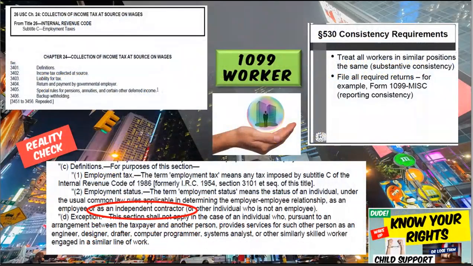Another area in which the IRS has their delegation of authority and no one else has that is the 1099 workers program. That is a federal government designation, and if you're in child support, it does not cover this category. In other words, if you are an independent contractor or a 1099 worker, you are not within the jurisdiction of child support.